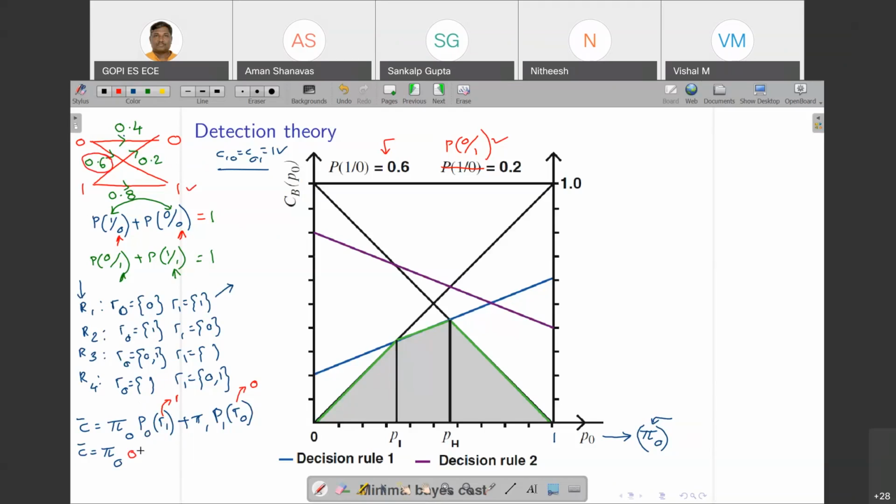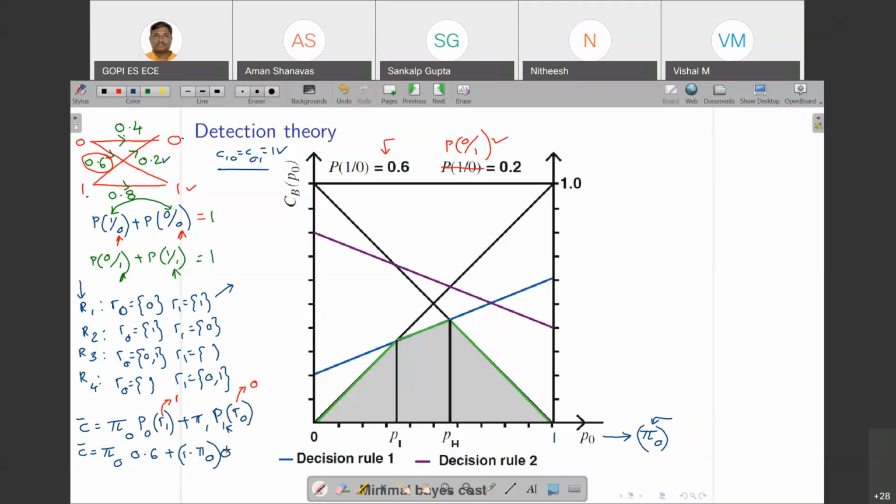So it is pi naught into 0.6, plus, of course, this pi 1 I can write as 1 minus pi naught, because I wanted everything in terms of pi naught. This one is gamma naught is 0. So what is the probability of getting 0 when 1 is transmitted? That is going to be 0.2 in this.